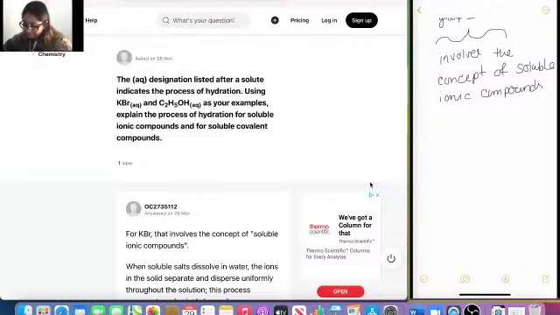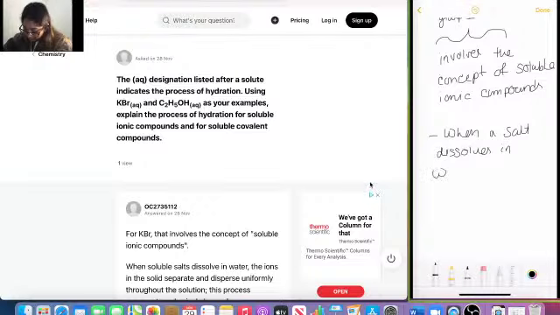And so basically, when a salt dissolves in water, its ions are spread throughout the solution.